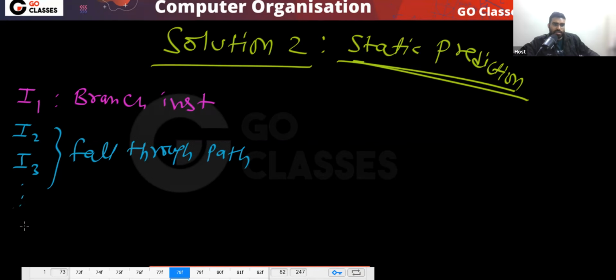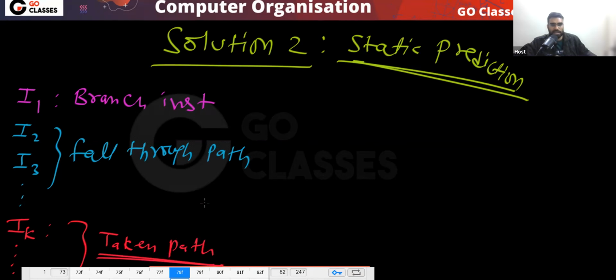Another is, let's assume some IK. This is your taken path. Clear? Taken path means if you are jumping, this is called taken path. And this is called fall through path, because you are just falling, you are just going in the sequence.